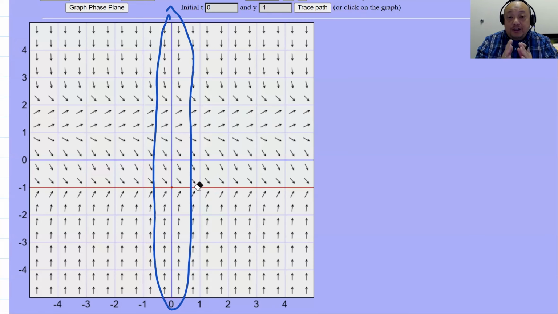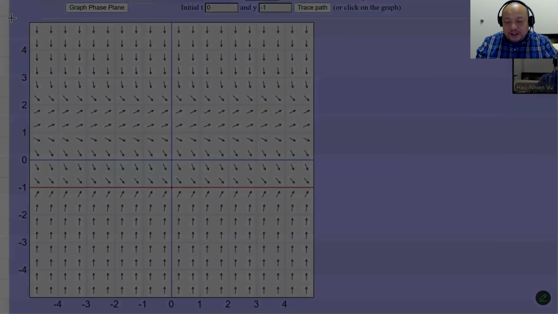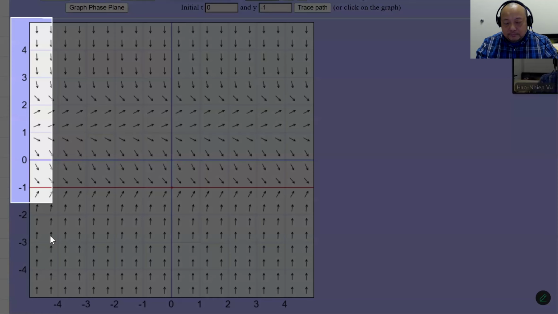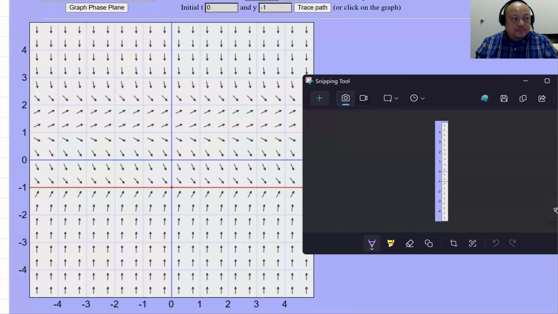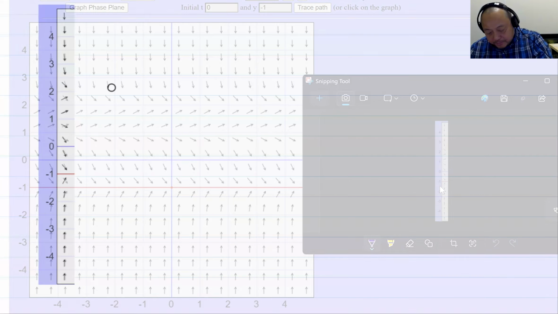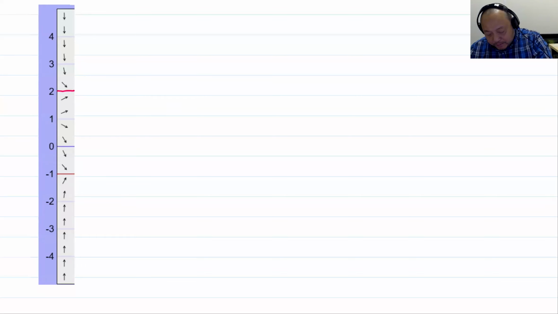Since the slope field does not depend on t, because the equation is autonomous, I'll take a copy of the y-axis over on the left edge, so I can have all the numerical values. I know I have equilibria at y equals 2, y equals 1, and y equals negative 1. I mark those points.